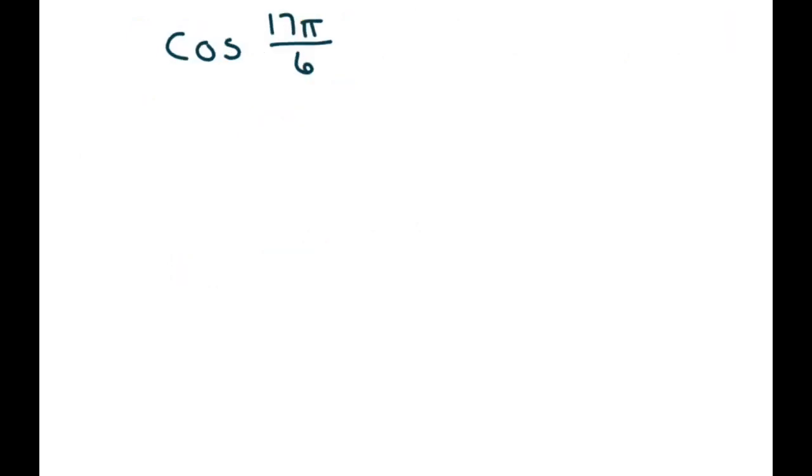Okay, the next one is just finding these values. If you're having your unit circle, you know that this is bigger than 2 pi. 2 pi in this case would be 12 pi over 6. That equals 2 pi. The reason I'm putting it over 6 is because that's our common denominator here.